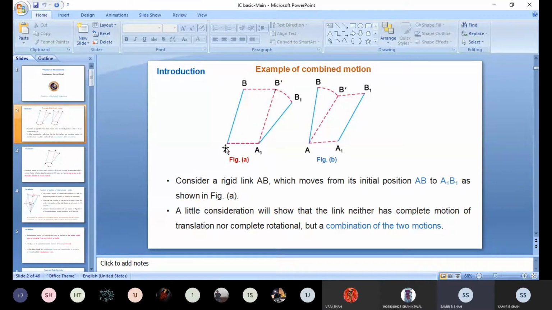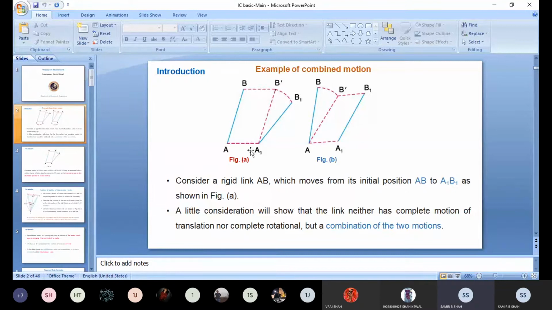Consider a rigid link AB which moves from its initial position AB to A1 B1 as shown in the figure.